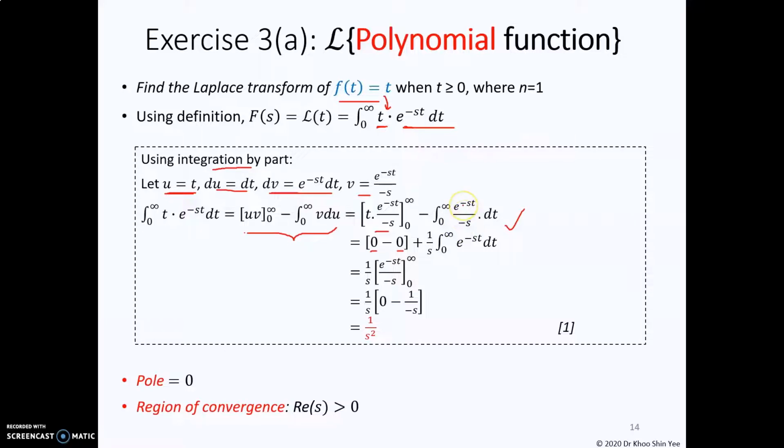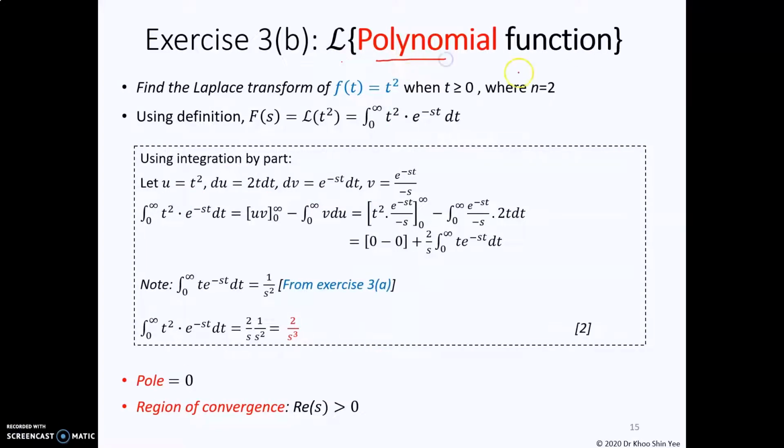Then for this part, you integrate, you get exponential negative st divided by negative s here. Then you substitute the limit, so substitute infinity, you get exponential negative infinity, which is 0. Then you get negative negative positive, so 1 over s squared. So this is the final answer.